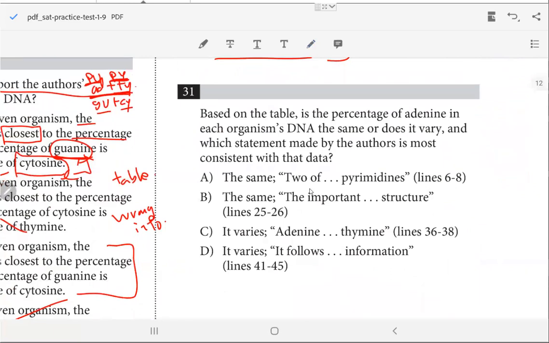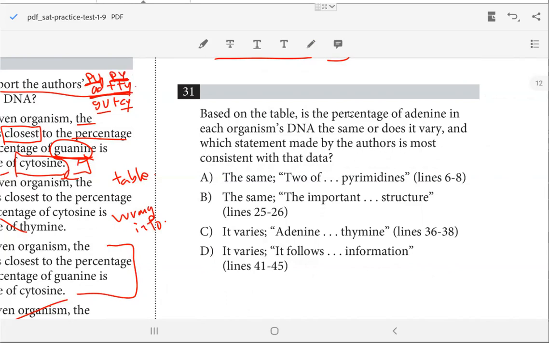Okay, last question, 31. Based on the table, is the percentage of adenine in each organism's DNA the same or does it vary? Of course, I thought it was different figures. And which statement made by the author is most consistent with that data?